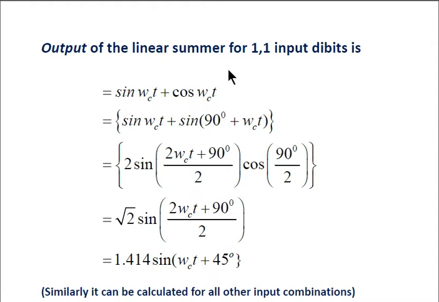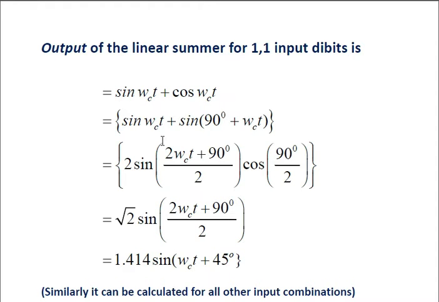The output of the linear summer has one input, which is the dibits, sine omega ct plus cos omega ct. This cos omega ct we have to convert into a sine function, so that we get sine omega ct plus sine of (90 degree plus omega ct), which is the same form in a different way.